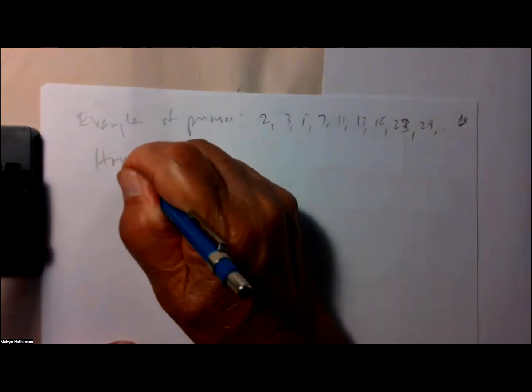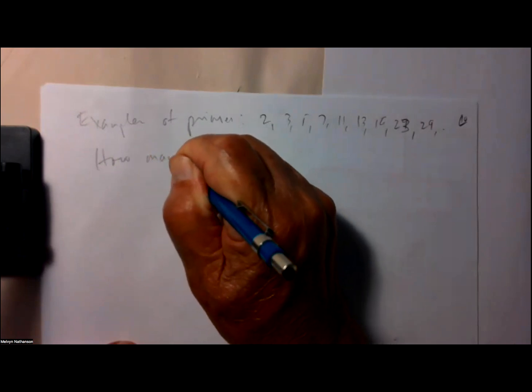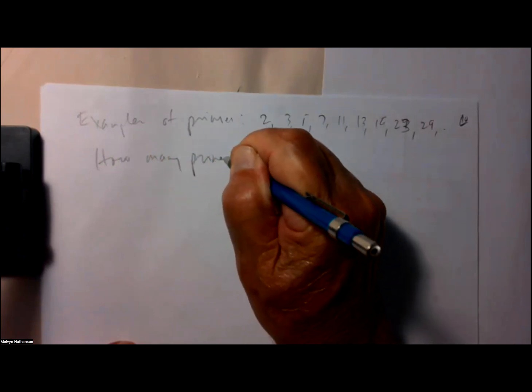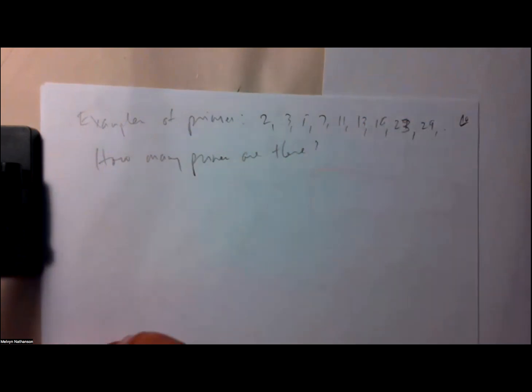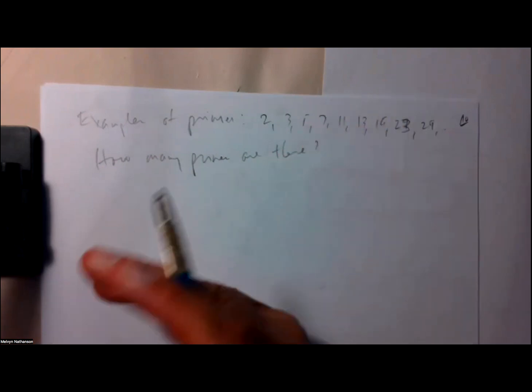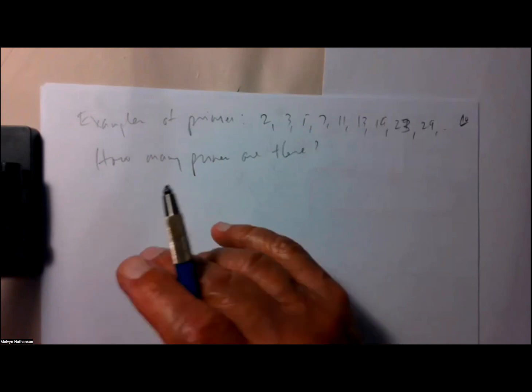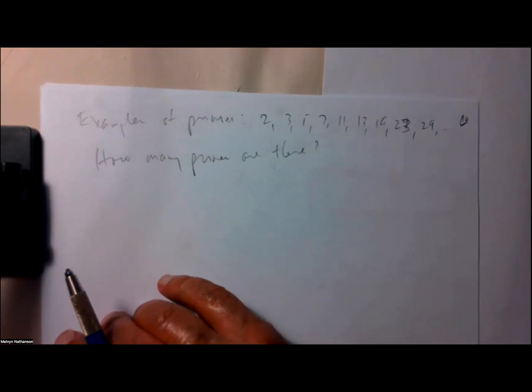And question, how many primes are there? You could ask, how many planets are there that go around the sun? Well, 7 or 8 or 9 planets go around the sun. How many primes are there? Well, maybe there are a trillion. Maybe there are a trillion times a trillion. Infinite primes.